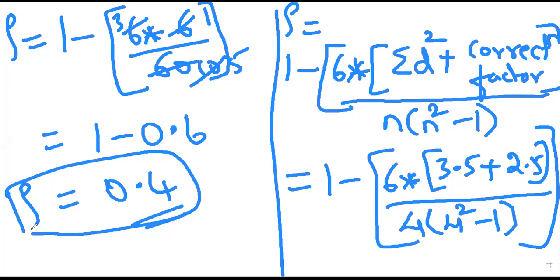If they have asked you to determine the rank correlation and the marks are given, you have to convert the marks to ranks. Otherwise, if the ranks are directly given, you can directly start calculating the rank correlation. Is it fine? About the topic.